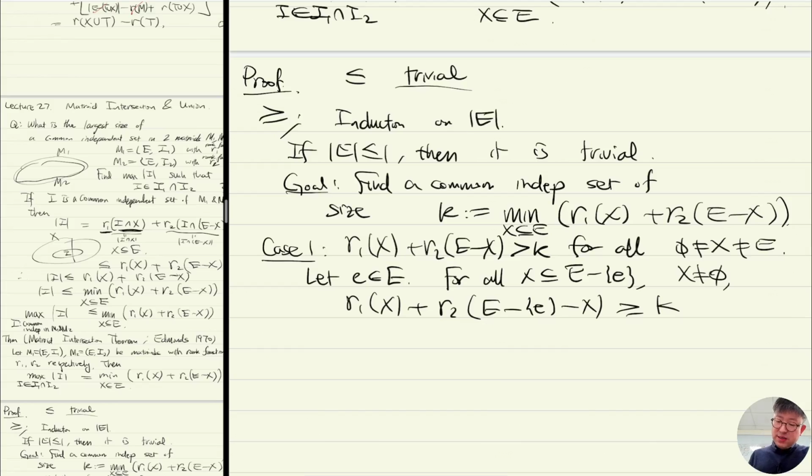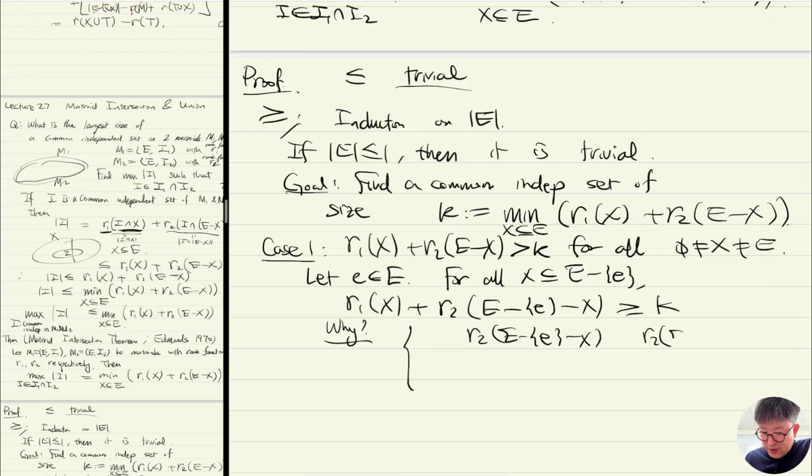Oh no, maybe it doesn't matter. Why? Because R1(X) plus R2(E minus X)... okay, so one reason is, if you compare these two, what you obtain is the following. You lose one by deleting one element from a submodular function.